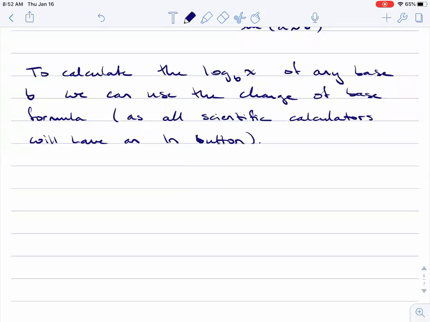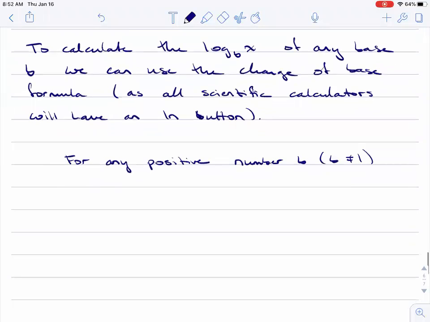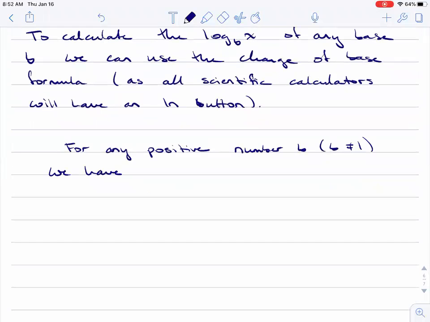So the change of base formula just says that for any positive number b, as long as b is not equal to 1, we still have to take the log of positive numbers.